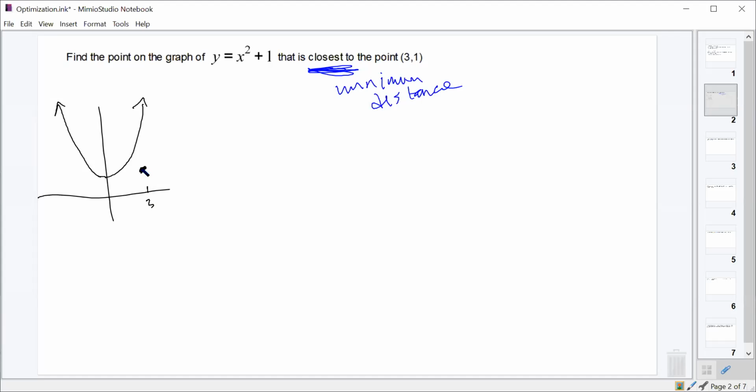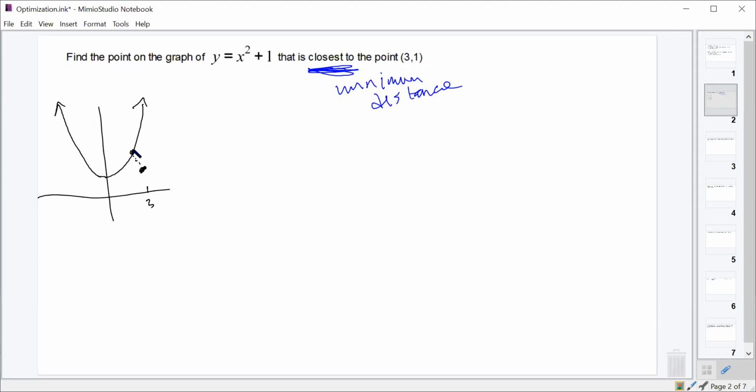And the way we find that distance is, what formula do we use to find the distance between two things?